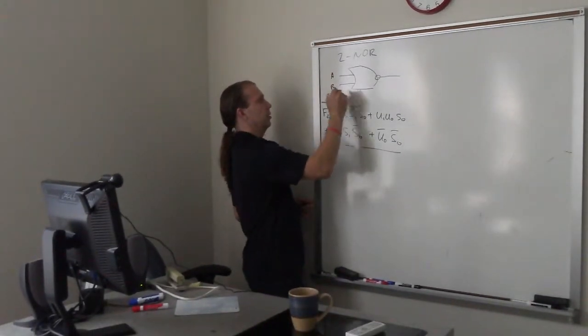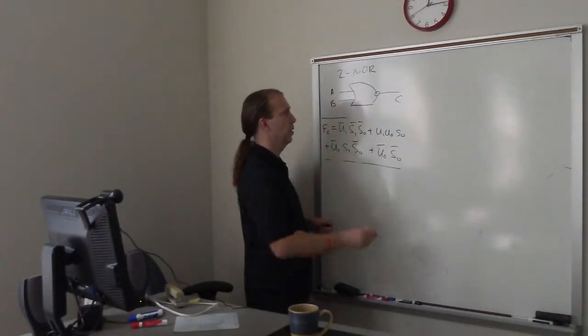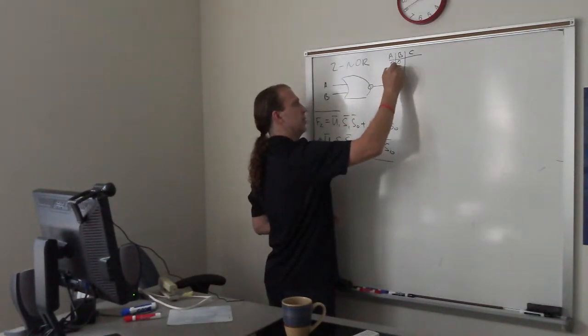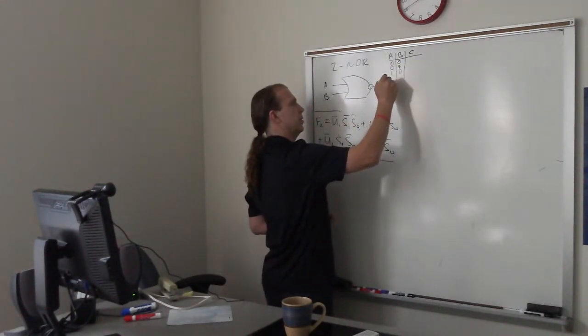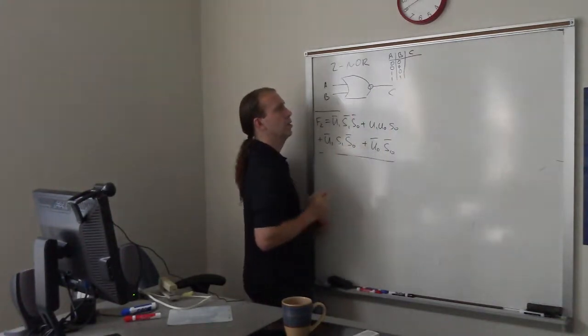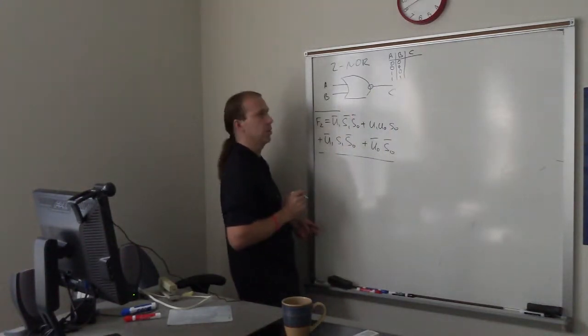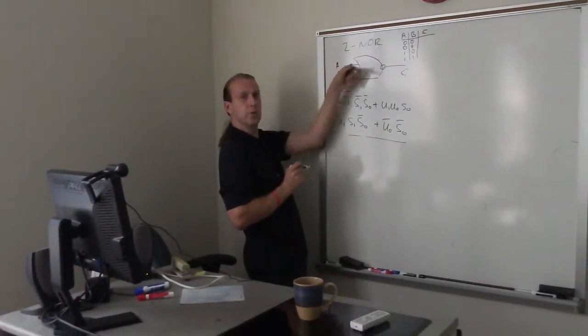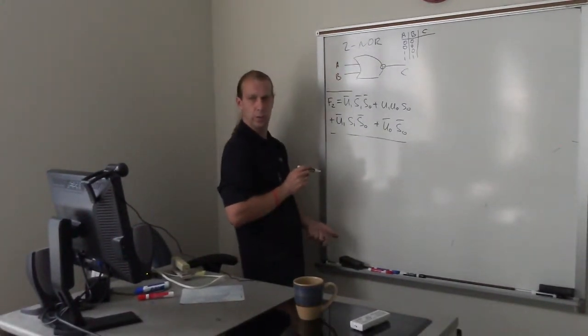A, B, C. And the truth table is this. A, B, C, all combinations 0, 0, 0, 1, 1, 0, 1, 1. And the logic of the 2 NOR block is opposite to the logic of the 2 OR block.